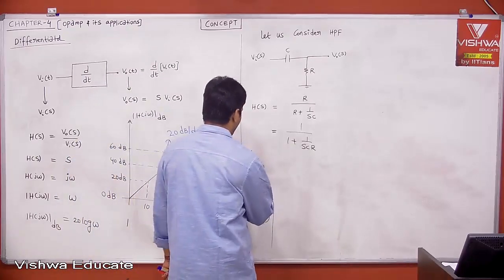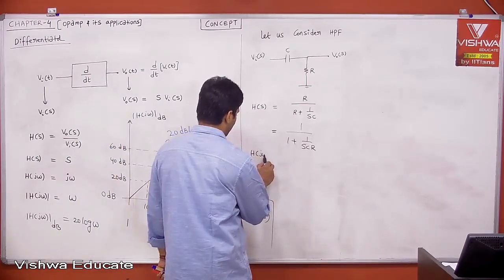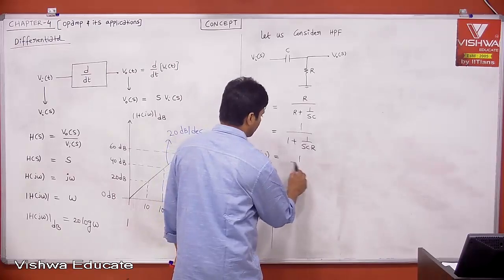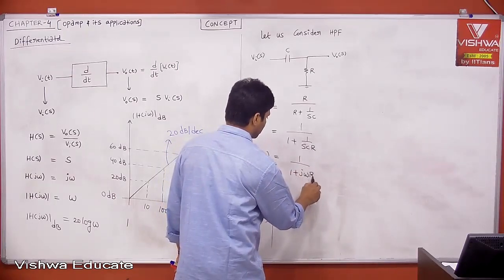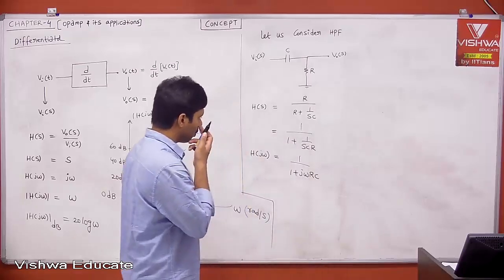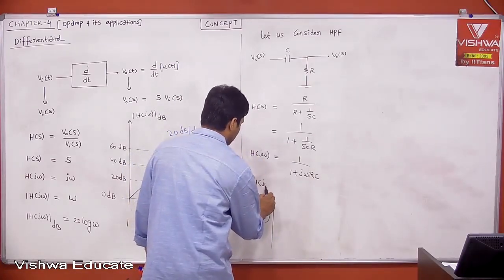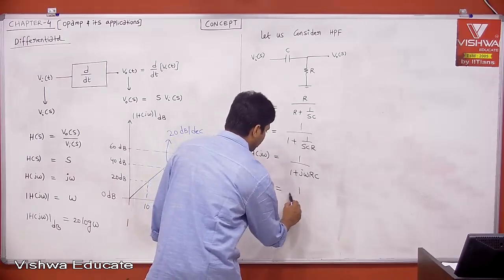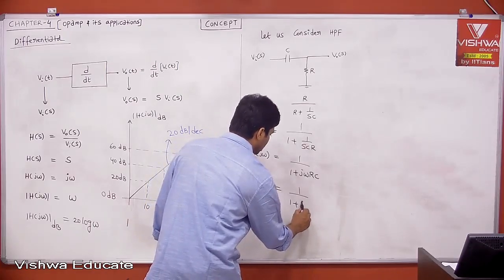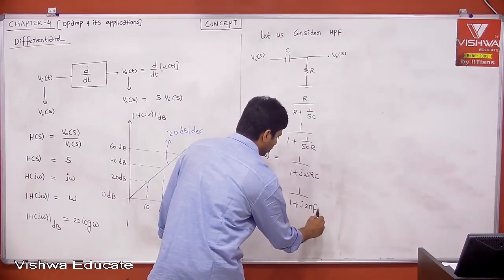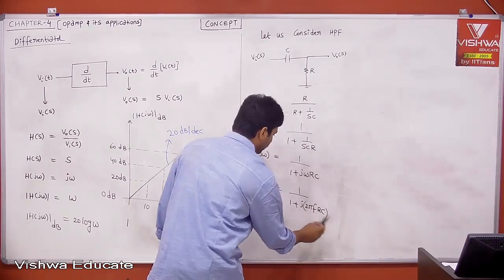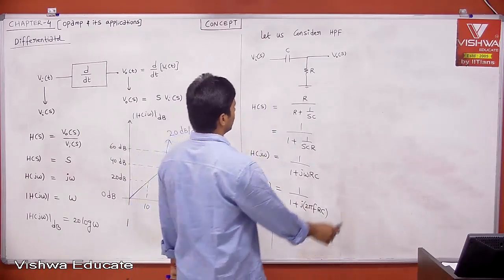Then what is H of j omega? H of j omega is equal to 1 by 1 plus 1 by j omega RC. Therefore, H of j omega is equal to 1 by 1 plus 1 by j into 2 pi f into RC. Right? Can I write it like this?